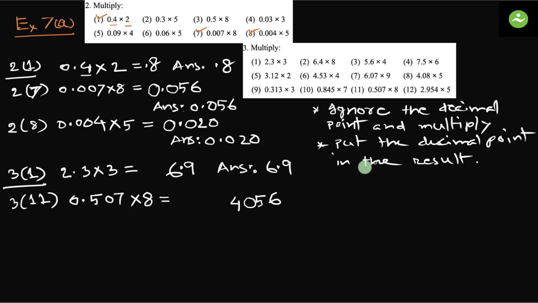Now put the decimal point in the result. Where will you put it? Before 3 digits: 1, 2, 3. So the decimal point should be here. 4.056. So the answer is 4.056.